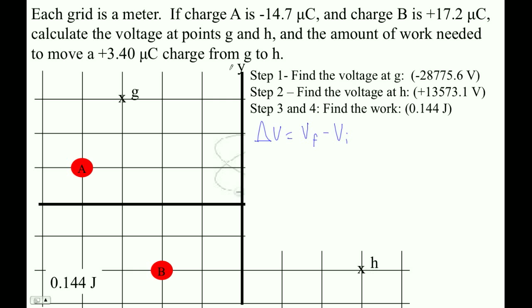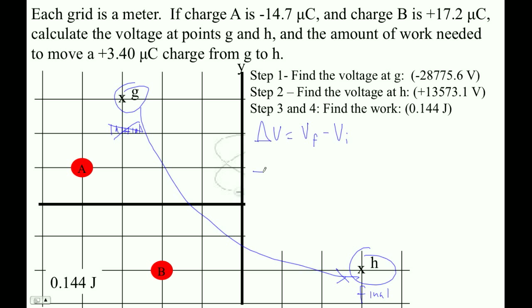And since we are going from G to H, this is the final, this is the initial. This is the first one. The final voltage is this guy, right?